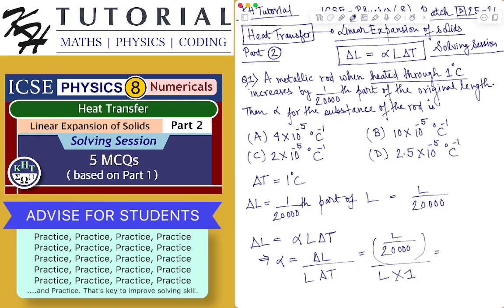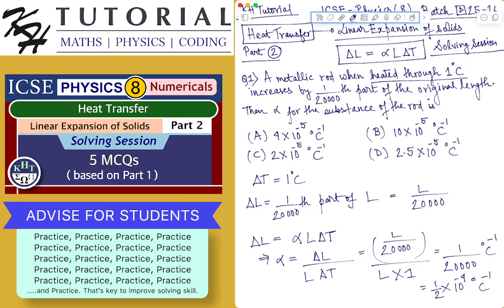So L cancels out, and we have this to be 1 by 20,000, which is equal to half multiplied by 10 to the power minus 4. This should actually be per degree Celsius.